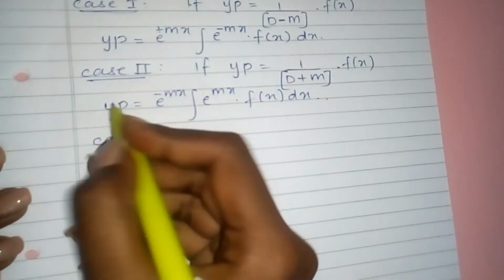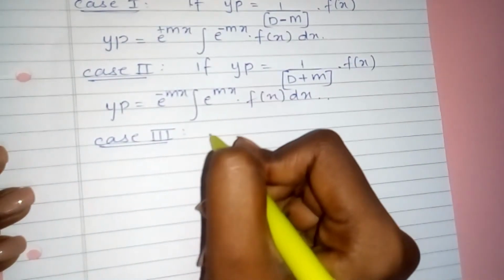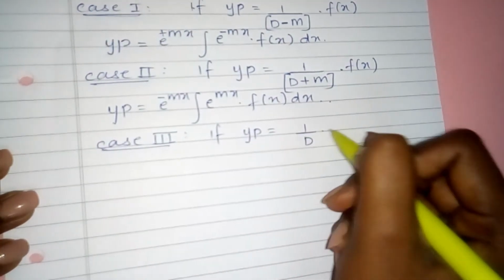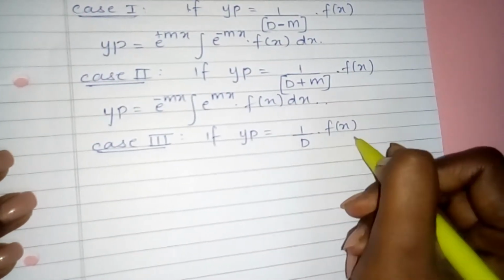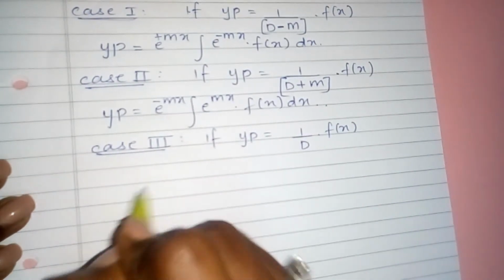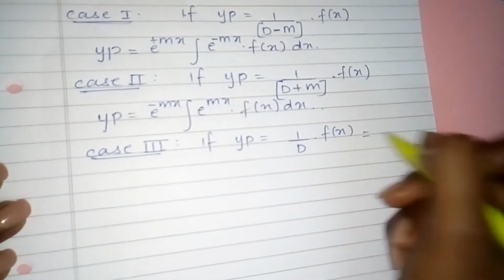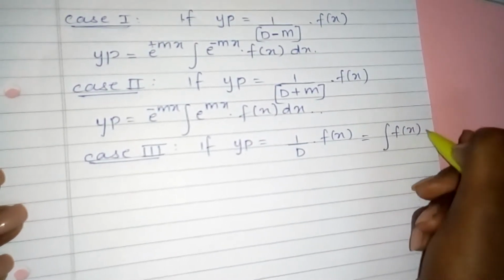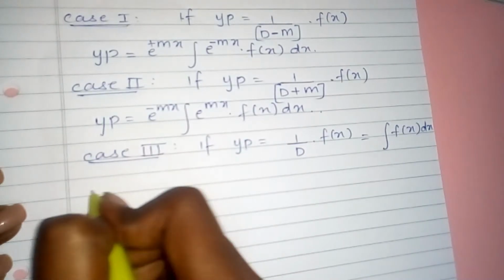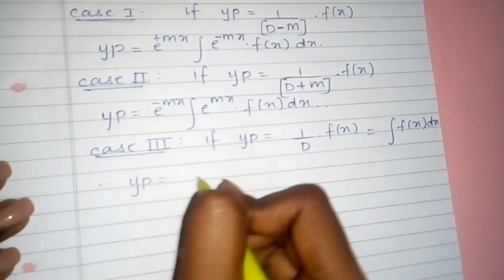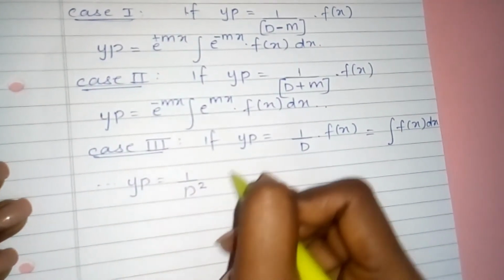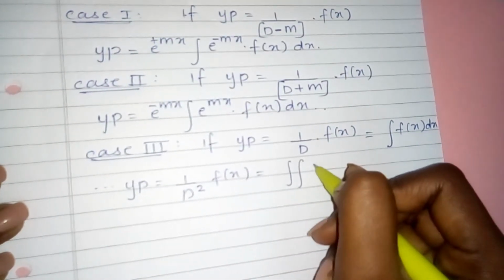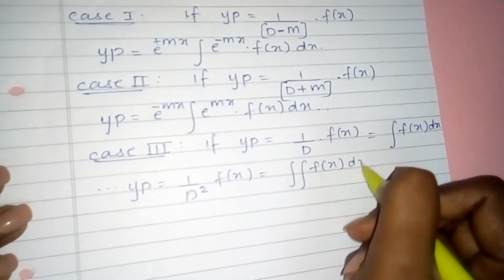Case 3 is very simple, guys. If yp is equal to 1 upon d into f of x, then the solution is just the integration of f of x directly. If it is 1 upon d square f of x, then it will be double integration of f of x dx.